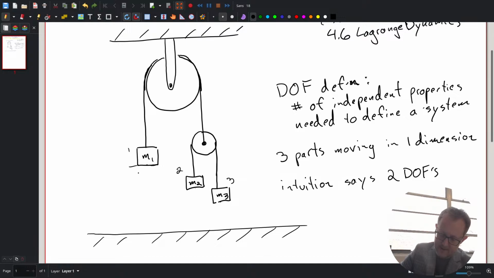So let's say I know that this is 1 meter, and I know this is 1/2 meter. Then the length of this cord, the length of these 2 tensions are fixed, and M3 has to be defined as something.